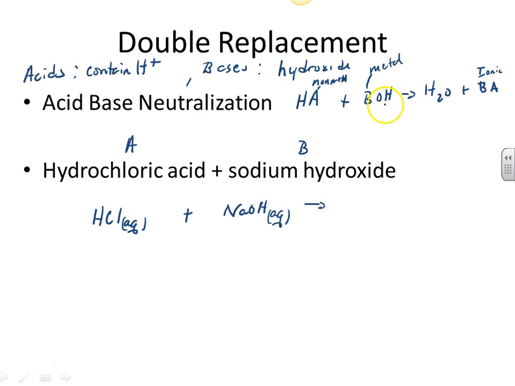This is going to give us, let's look at the BA first. From the base, we're going to take the metal, Na, and from the acid, we're going to take the nonmetal. This is a salt. So one of the products of acid with base is a salt. And this is what you normally think of as salt, sodium chloride. And we're also going to produce water.